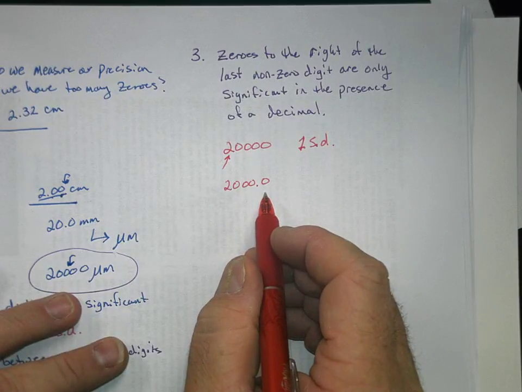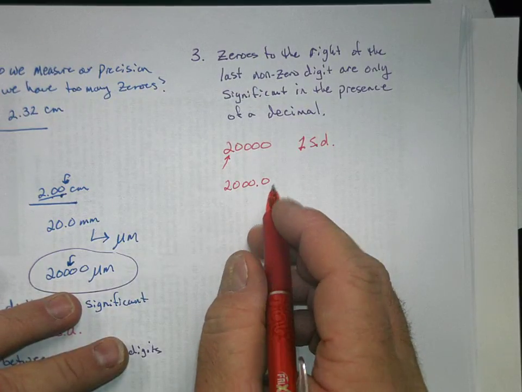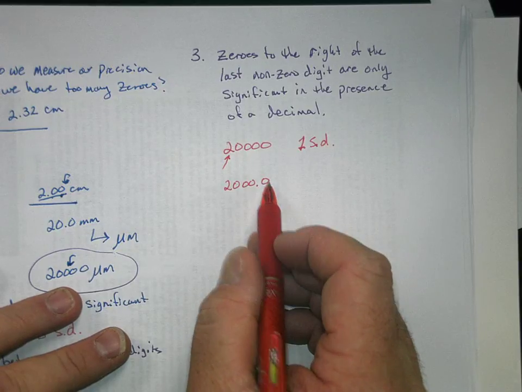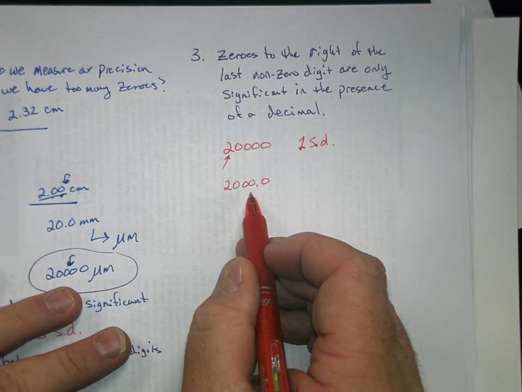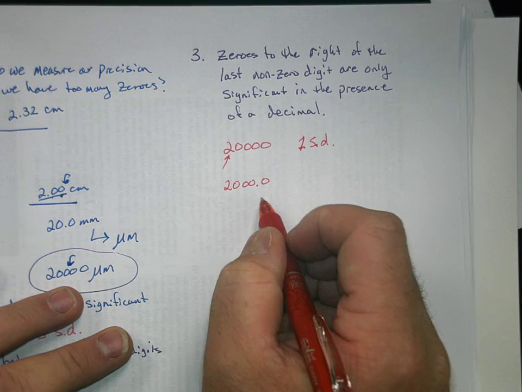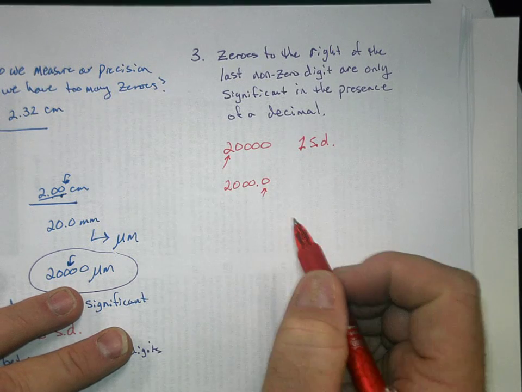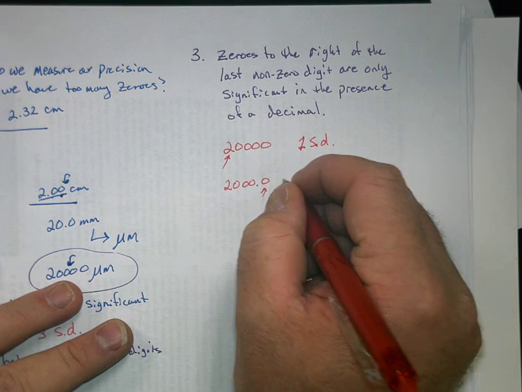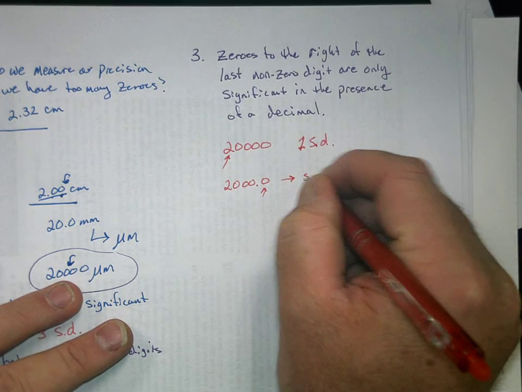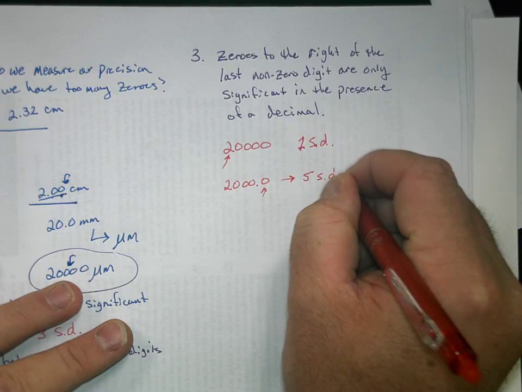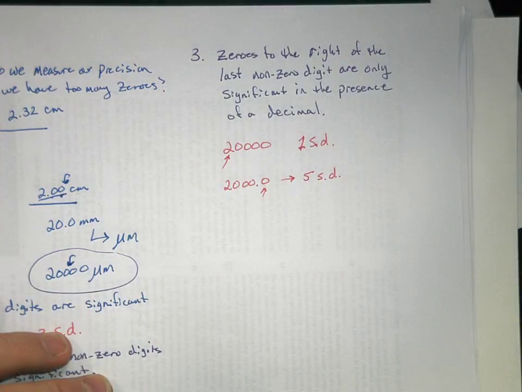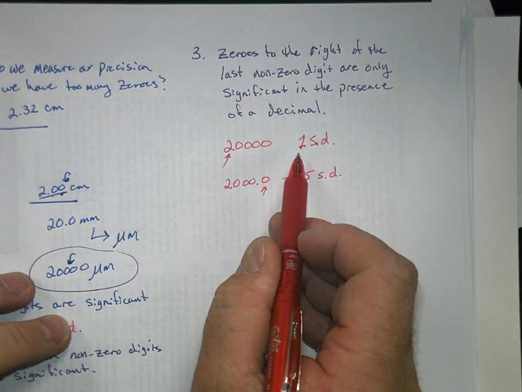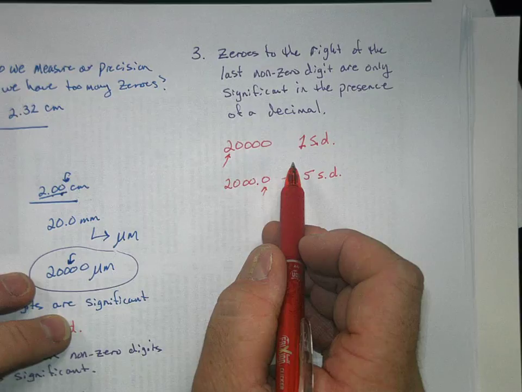That's why we have that zero. I'm sorry, the 10th place. Not 10,000th place. The 10th place. But that decimal is there telling us that we measured 2,000 all the way down to the 10th place. That means this number has 5 significant digits. In the presence of a decimal, all zeros to the left, all zeros to the right count.